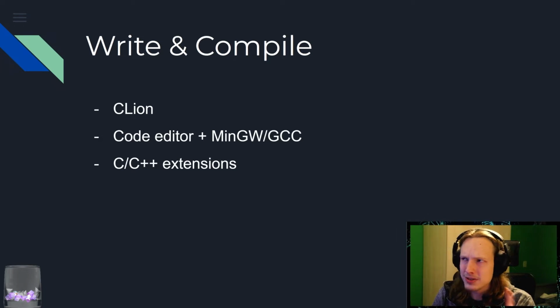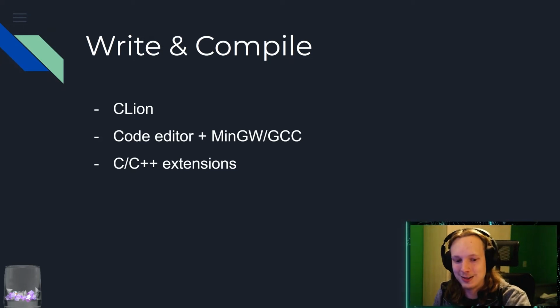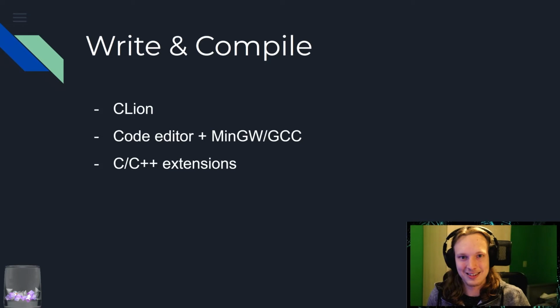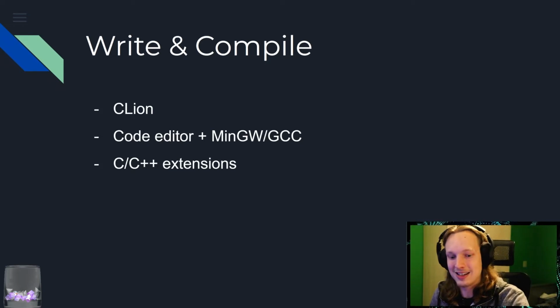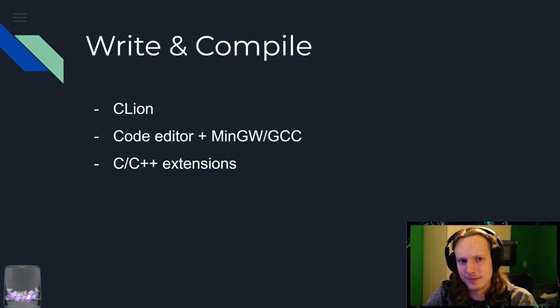Maybe Notepad++ actually supports it out of the box. I don't know. I do know Notepad++ supports a few languages out of the box, but Notepad++ is also just not a very feature-rich code editor either. So I'd say that's kind of a downgrade from Visual Studio Code or Atom. So you probably want one of those two.